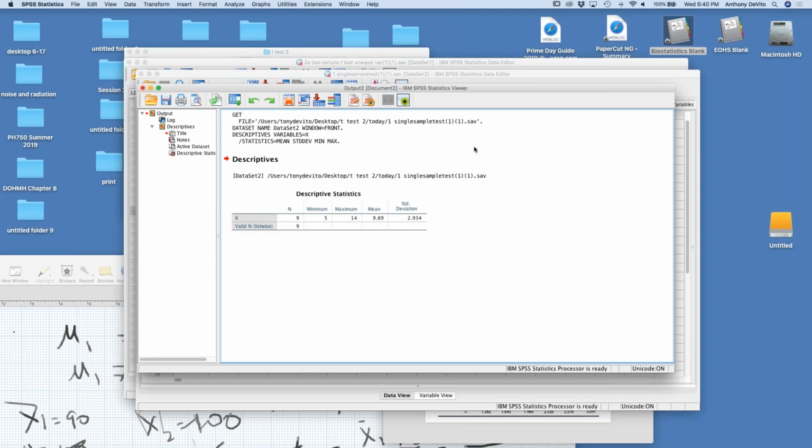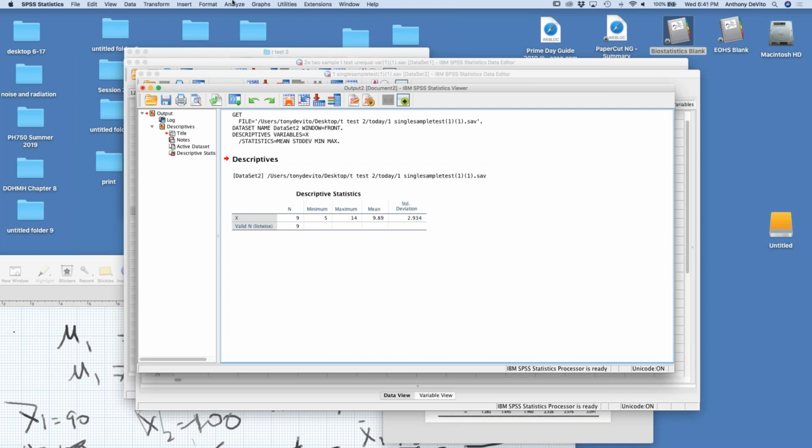So my null hypothesis is mu1 is equal to mu2. Mu2 in this case is going to be 12, and mu1 is represented by my estimate, the X bar. The alternative hypothesis is that mu1 is not equal to 12, or mu1 is not equal to mu2.